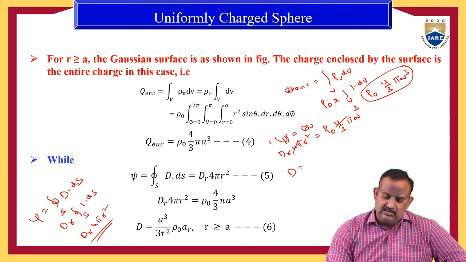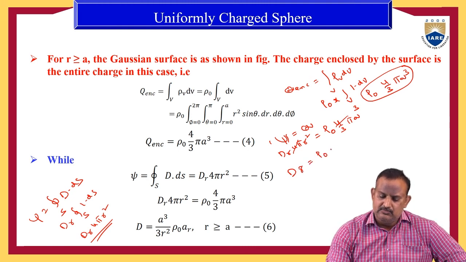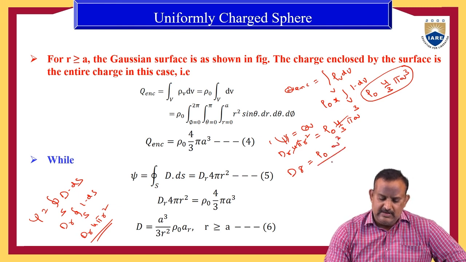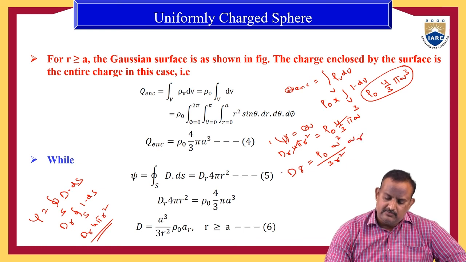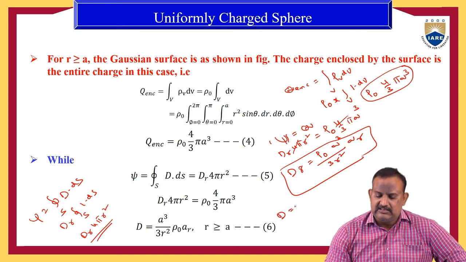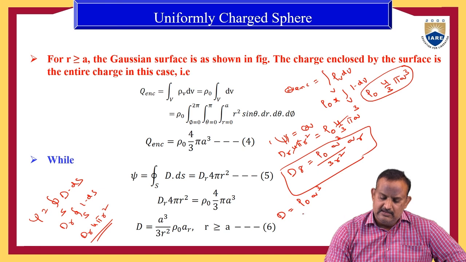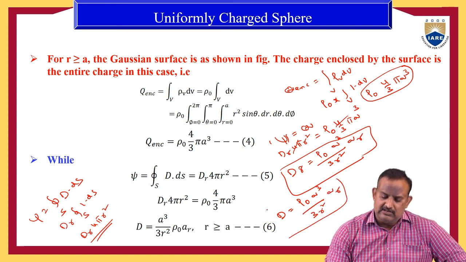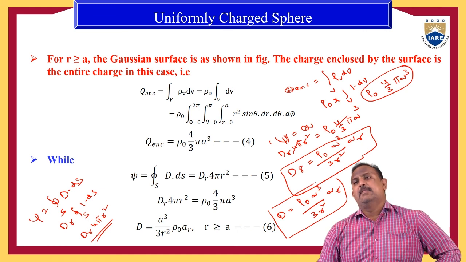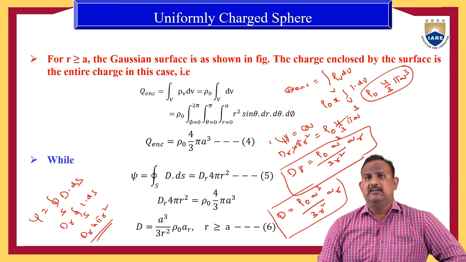Then Dr is equal to rho naught a cube by 3r square into ar. So the electric flux density D is equal to rho naught a cube by 3r square into ar, where ar is the unit vector along the r direction.